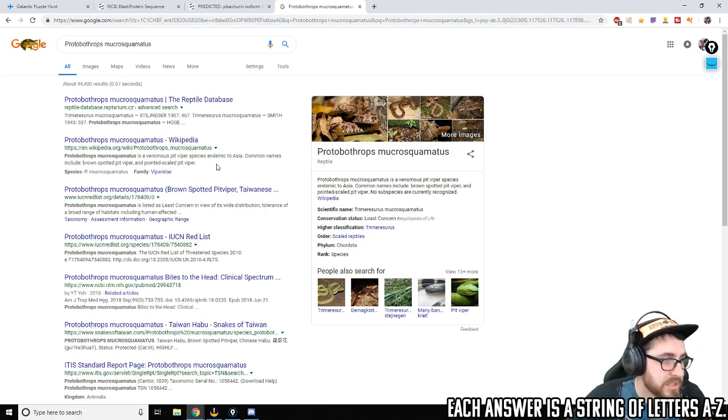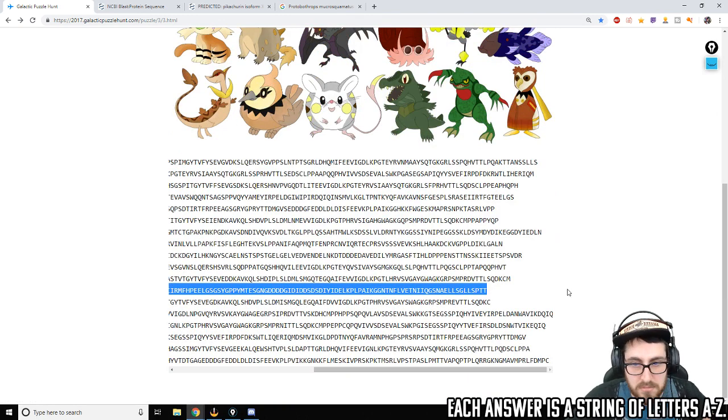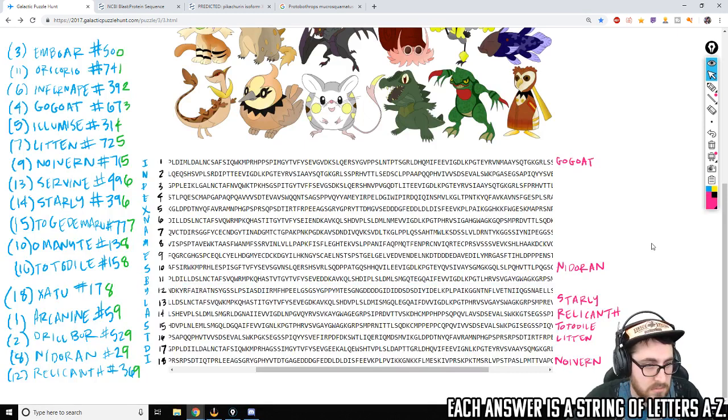Which one, Scald, is number 13? Bottom left. I mean, which one in the order? The snake Pokemon is the bottom left Pokemon.